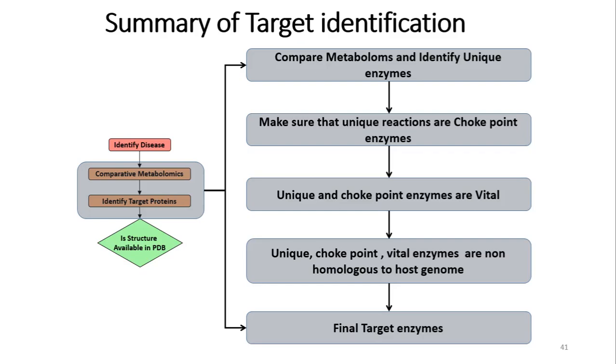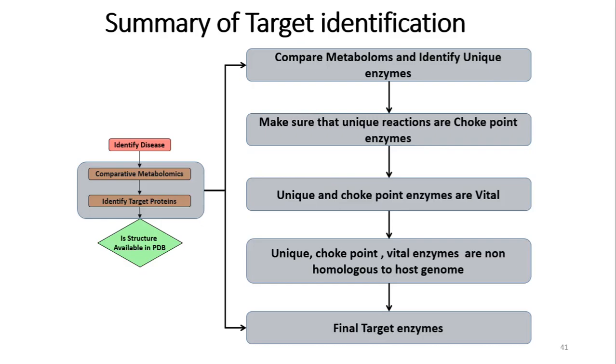Then you can make sure that whatever choke point enzymes were unique, they are supposed to be vital. Next, whatever vital choke point and unique reactions you have identified, they should not have any close homologues in the human genome.